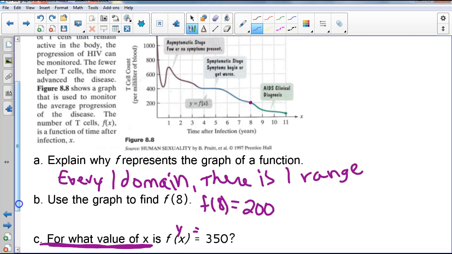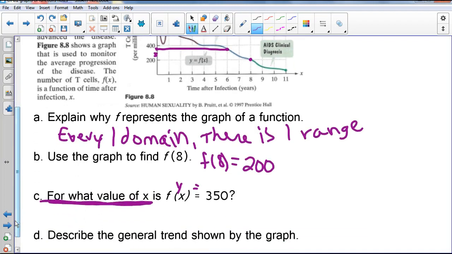Here's about 300, so 350 is probably about right here. You look across and you find where 350 is. That will be about right here, when x is 6 years, the T cell count is at 350.